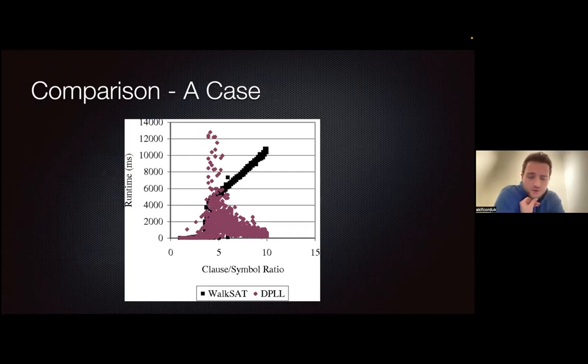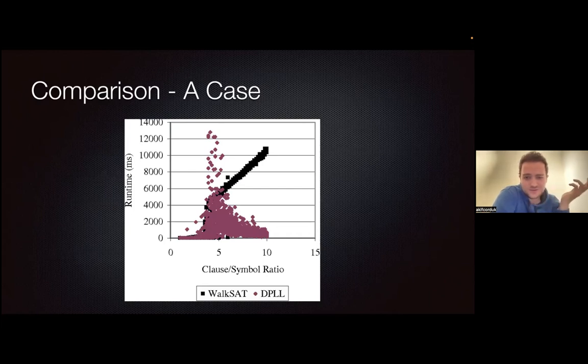In one of the papers, they made a comparison between WalkSat and DPLL, which is unit resolution DFS on this binary tree. The performance of DPLL, as you can see, varies a lot depending on the problem and also on the clause to symbol ratio.